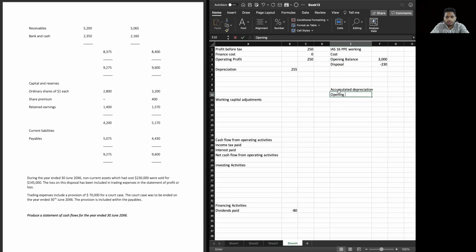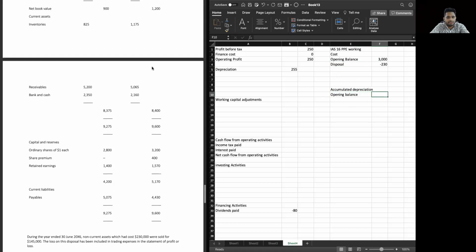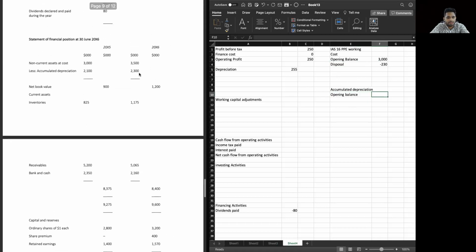Now your opening balance of accumulated depreciation is going to be 2,100, and your closing balance on accumulated depreciation is going to be 2,300.